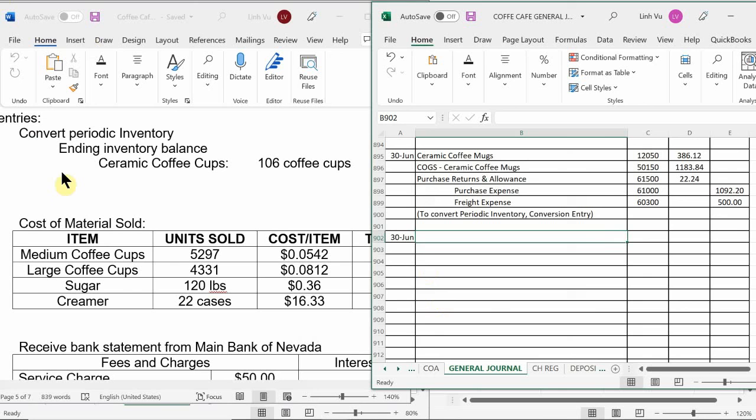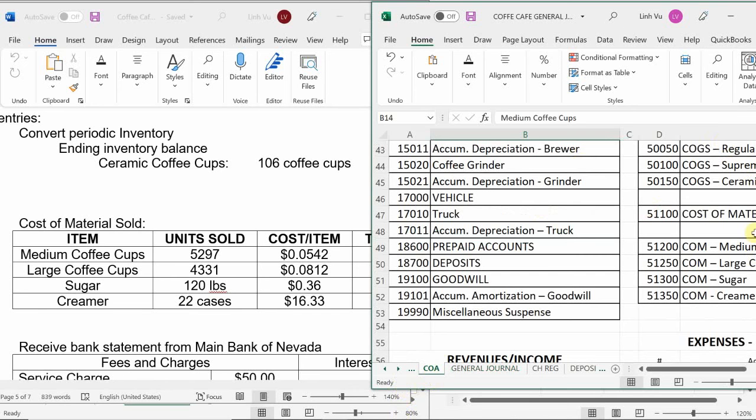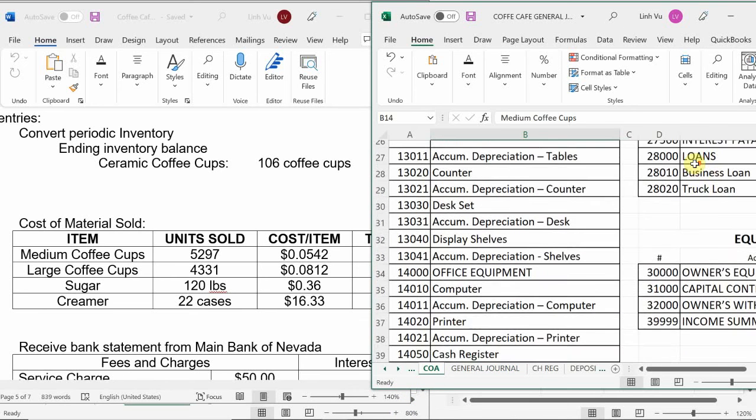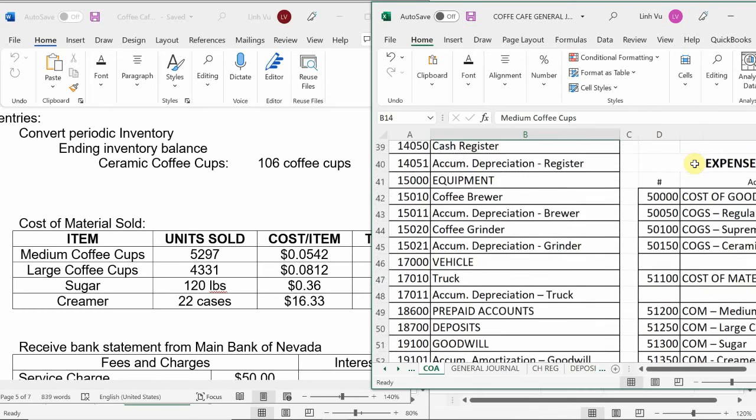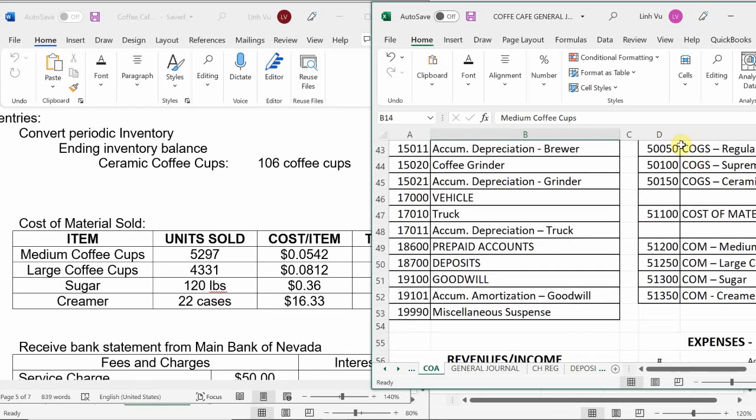Okay. What is this table for? Cost of materials. You use cost of material accounts, medium, large, sugar, and creamer. Good, because in this case, we have cost of materials for the medium cups, cost of materials for the large, cost of material for sugar, and cost of materials for the creamer.